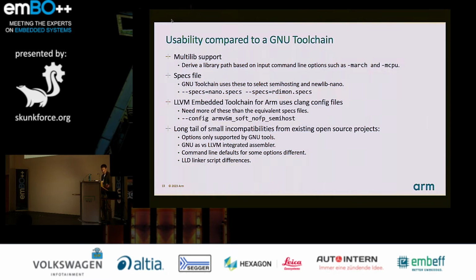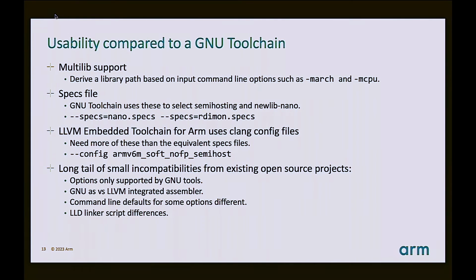Okay, so what's the usability of an LLVM-based toolchain compared to, say, the GNU Toolchain? One of the principal things that's missing at the moment is multilib support. Multilib support is, when you say I'm targeting v6m, you want the v6m libraries, and you don't want to have to write out the path to the v6m libraries in your toolchain.